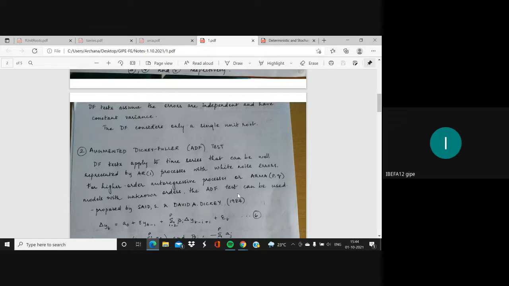Remember that when you get the time series, you still haven't modeled it, so you don't know the precise order of the time series, how many AR components there are, how many MA terms there are, and so on. Because of this, in order to take into account higher order autoregressive processes and serial correlation and heteroscedasticity in the error terms, the augmented Dickey-Fuller test, or the ADF test, was proposed.